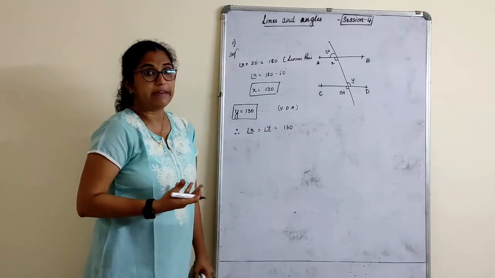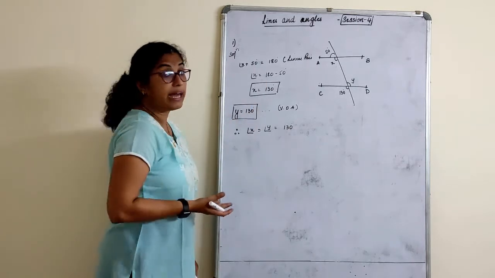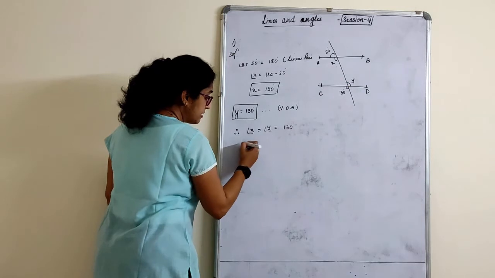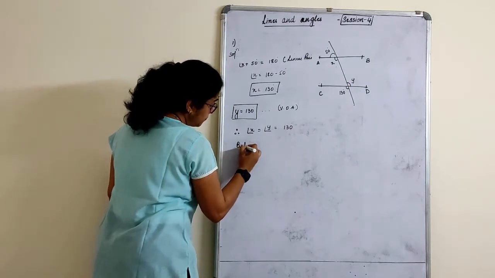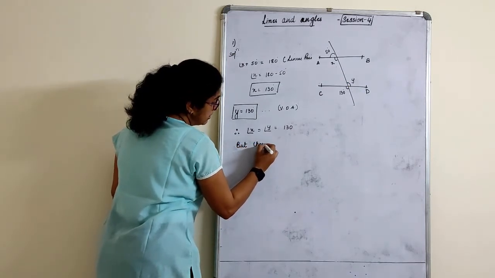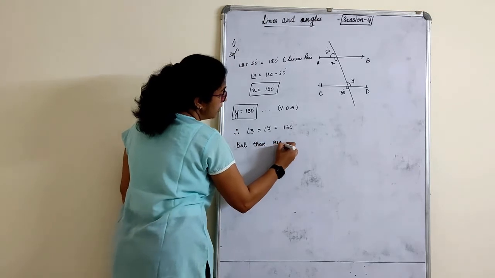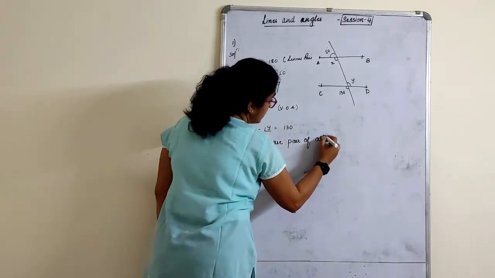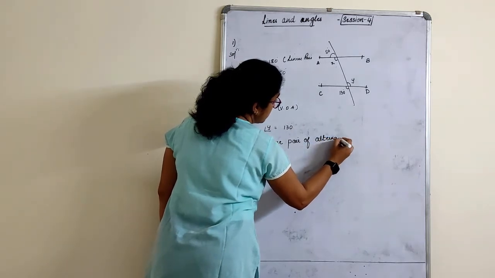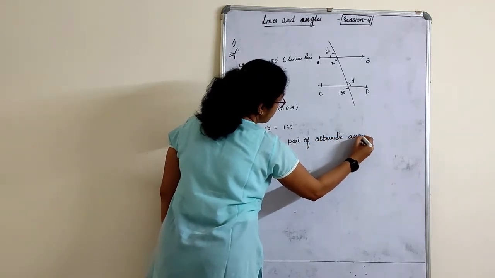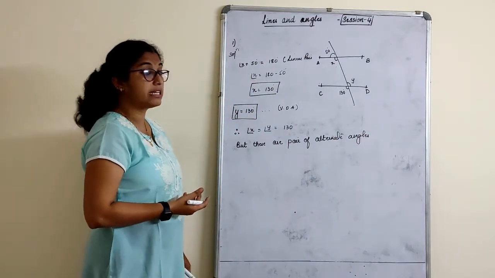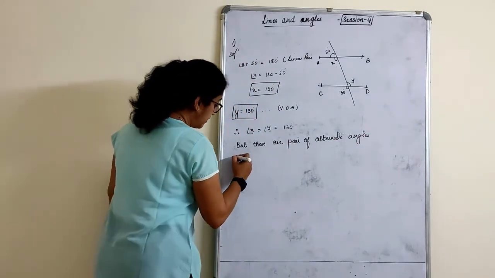From this given thing we saw that both the angles are equal. But what are these x and y? Since they are equal, they are a pair of alternate angles. So by the converse of the theorem, if a pair of alternate angles are equal, then the lines are parallel.